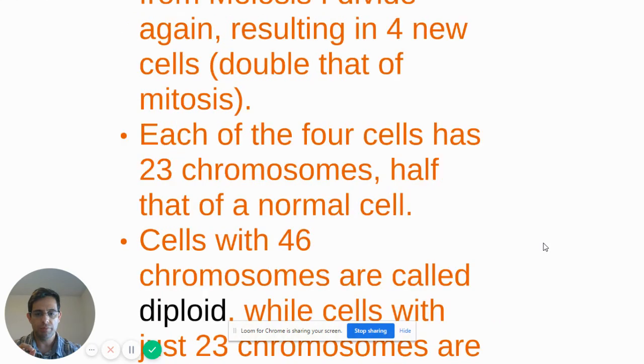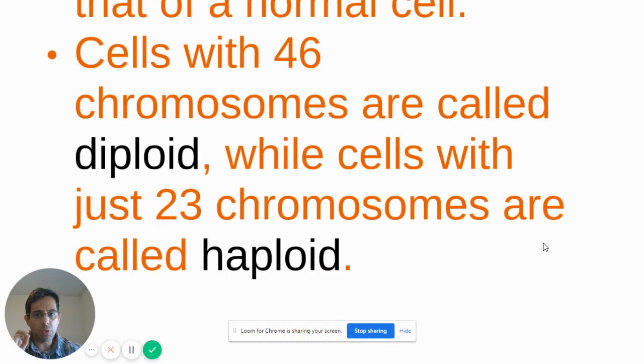Cells with 46 chromosomes are called diploid. So in the beginning, the original cell is diploid. Your cells in your liver, in your lungs, in your skin, in your body cells, are diploid. They have 46 chromosomes. However, your sex cells, your sperms or eggs, only have 23 chromosomes.